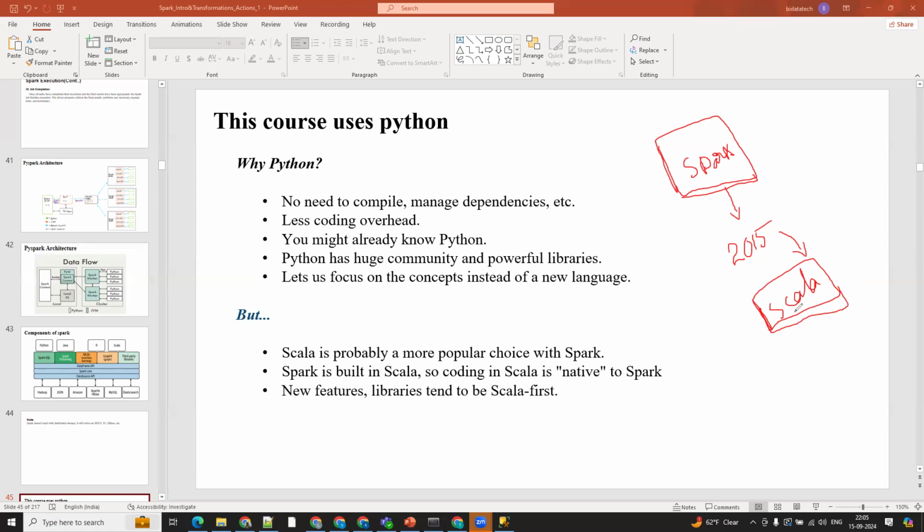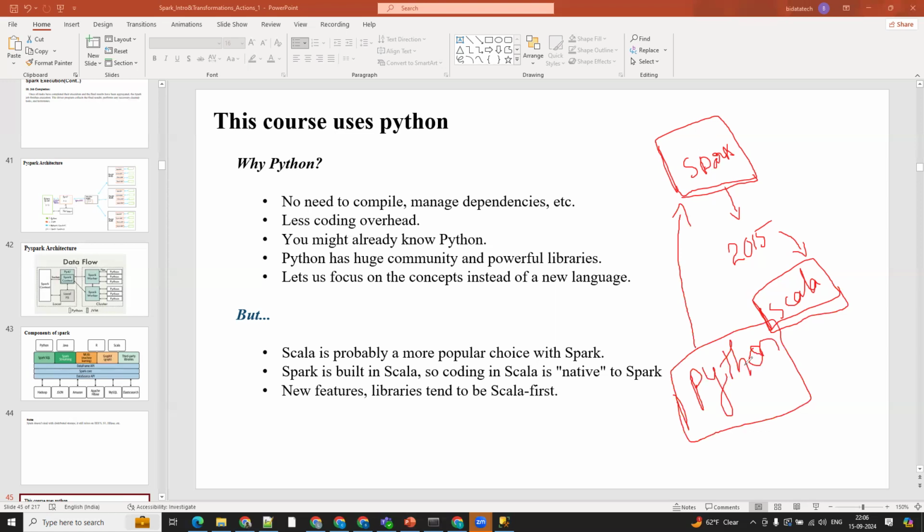So you can interact with Spark using Python as well. Python is also one of the languages to interact with the Spark execution engine. Python is just an interface language, guys, to talk to Spark.